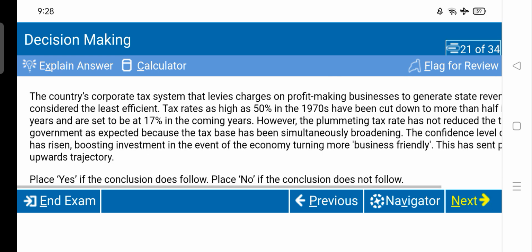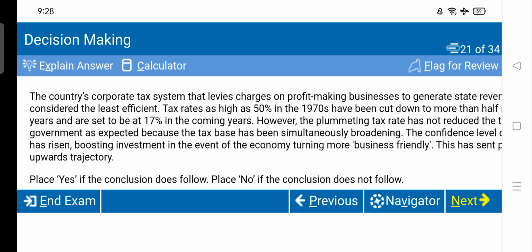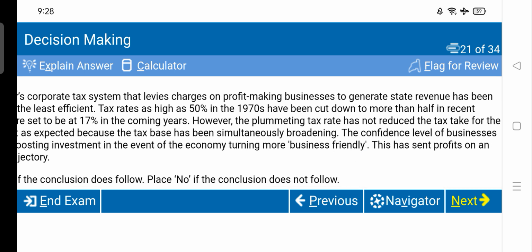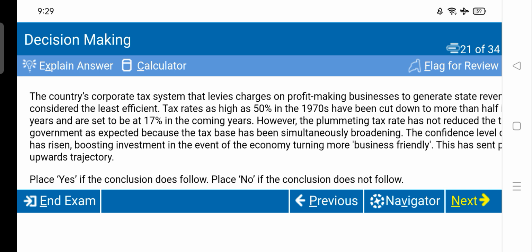Next question we have: the country's corporate tax system that levies charges on profit making businesses to generate state revenue has been considered the least efficient. Tax rates as high as 50% in the 1970s have been cut down to more than half in recent years and are set to be at 17% in the coming years.